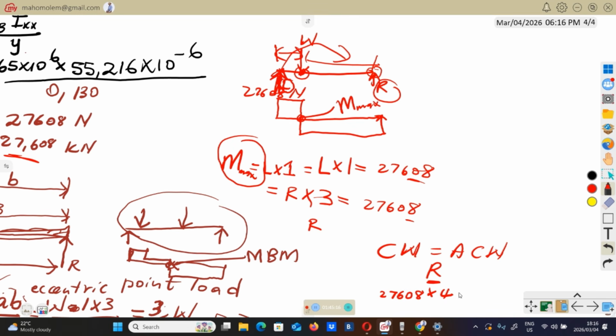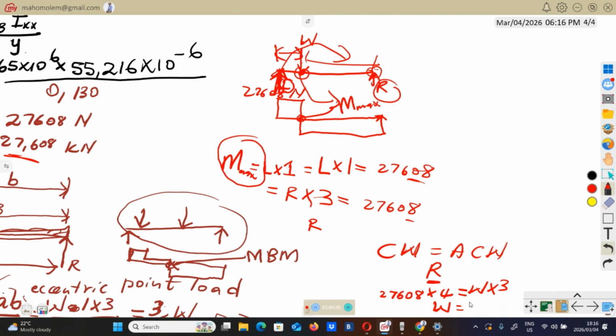Equals anti-clockwise. The anti-clockwise moment will be this force, which is that W, multiplied by the distance from R to there, which is 3. So that's how we'll find W.